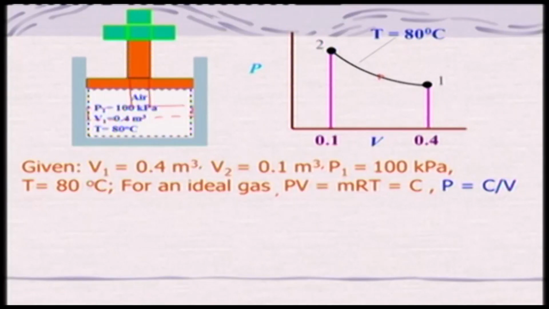So what we will do, we can apply the ideal gas law. We know that PV is equal to mRT, where R is the specific gas constant.